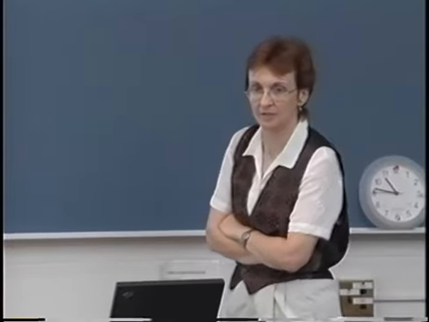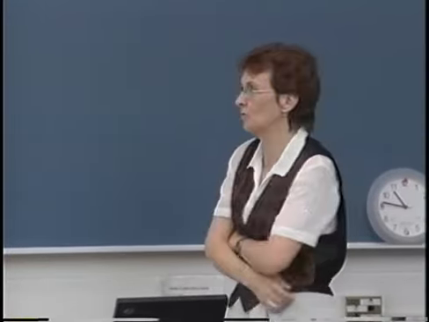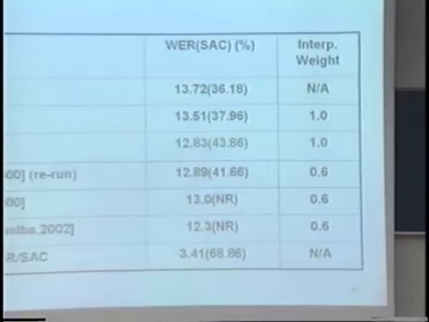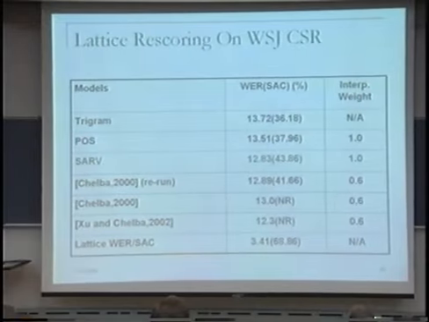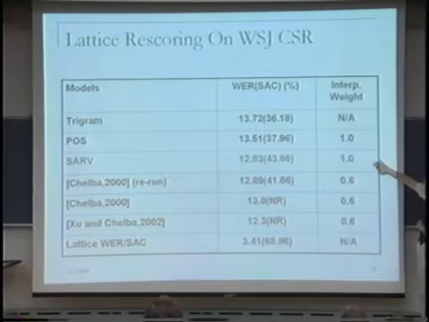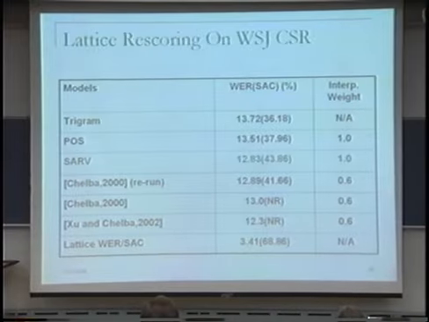Now on the Wall Street Journal CSR task, so this is the second one, I don't remember how, 37 million words. We compare the trigram language model, a type part of speech language model, the Super ARV language model, with a variety of models.